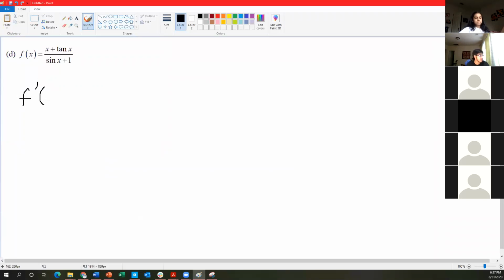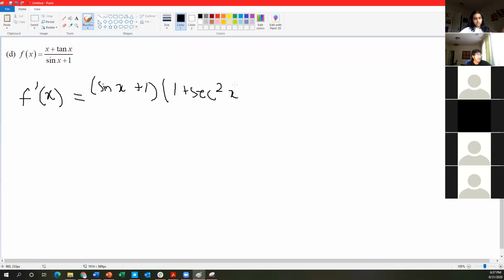So let's start with this. So we'll have f prime of x. Okay, so what do we remember about doing this? It's low d high minus high d low over low low. So we're going to take low, which is sine x plus 1. D high, what's the derivative of the numerator? The derivative of the numerator is 1 plus sec squared x, right?